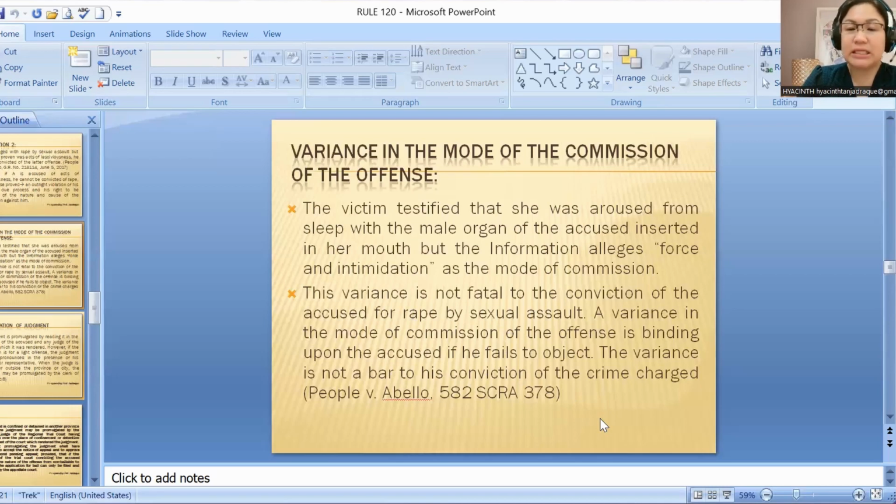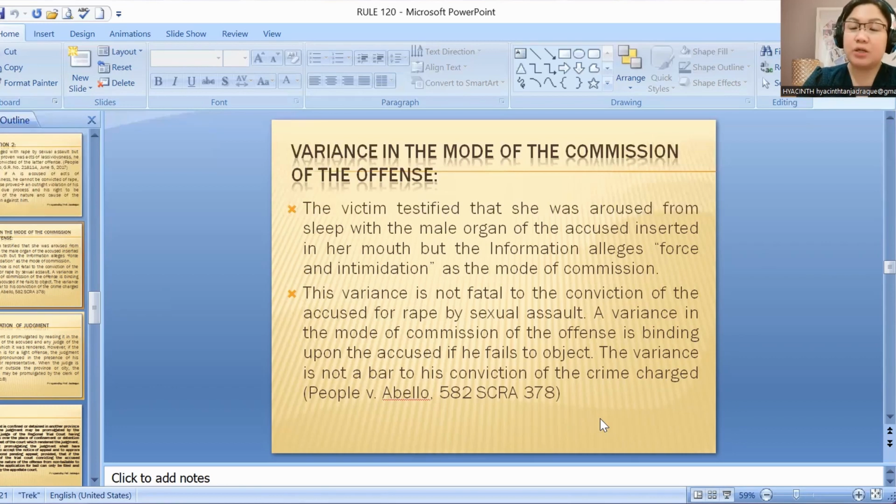The information is clear. It was committed through the insertion of the penis of the accused. Now, it would still be rape. So, if the same was committed through force and intimidation, it would actually be higher.